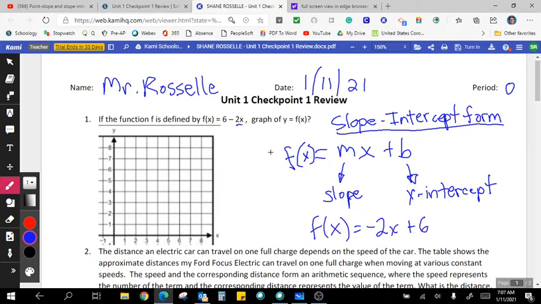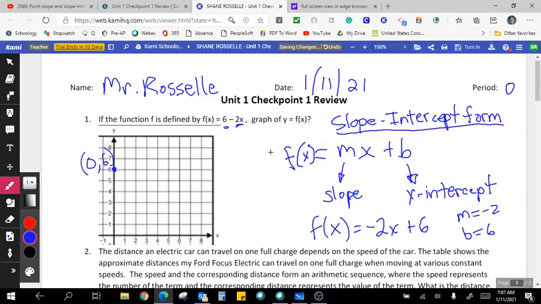So I have my x term here and my y-intercept term, my b term, right there. So m is negative 2 and b is 6. B tells me where to start from. So b says to go up on the y-axis and put a point right there. That's our starting point, at 0, 6.